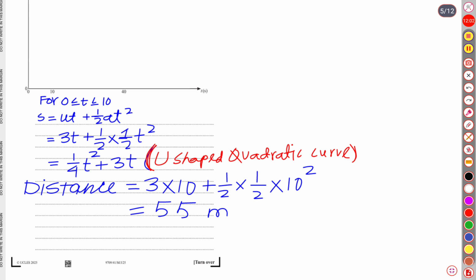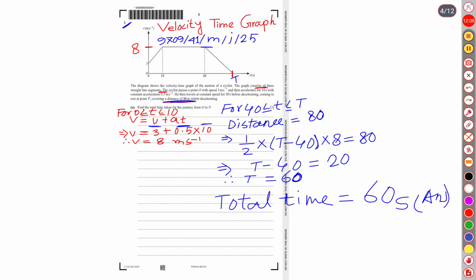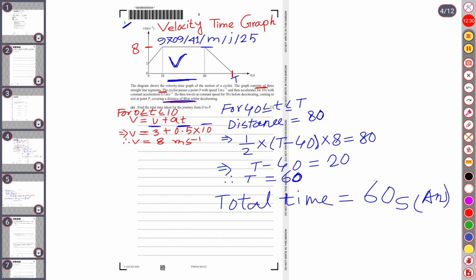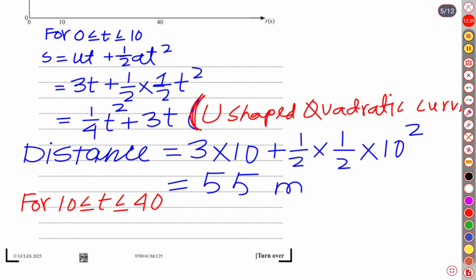Then let us see the second phase. This part is a rectangular shape, its height is 8, and the length is from 10 to 40, that means 30. So it is simply 30 into 8. For 10 until 40 seconds, as I have shown, it is just a rectangle.